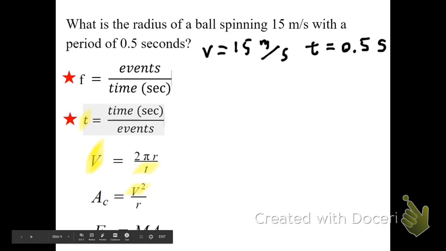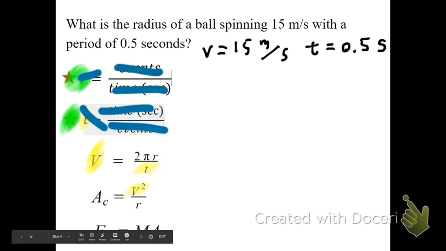So let's look at that. This one here has time and events in it, so that's not going to help us. So we can't use that one. The F formula here has nothing helpful in it, so we're not going to use that one.